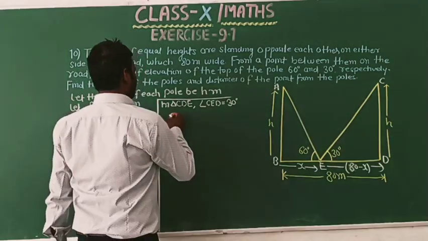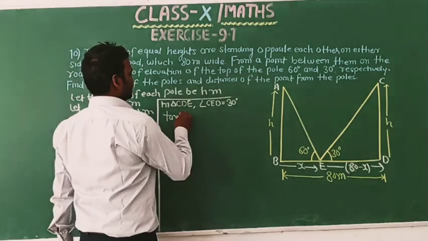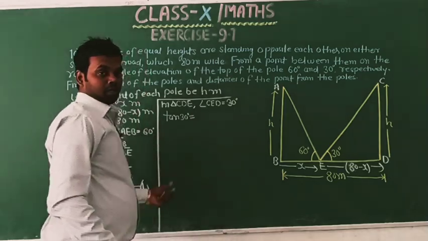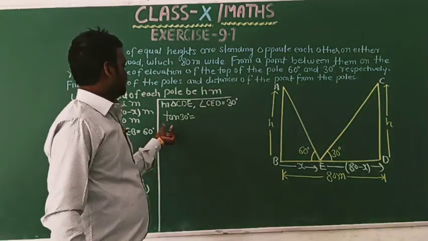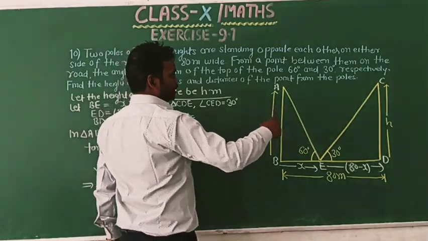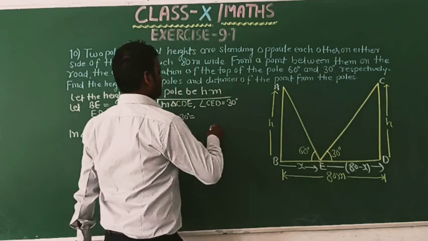Again using the tan trigonometric ratio, tan 30 degree equal to perpendicular upon base, CD upon DE.